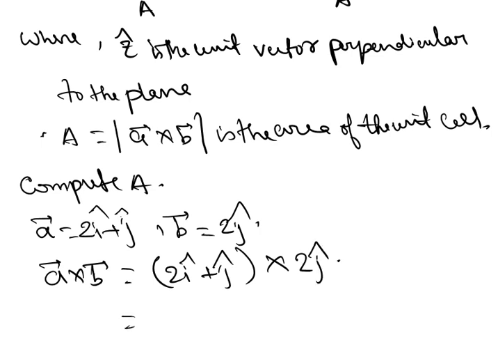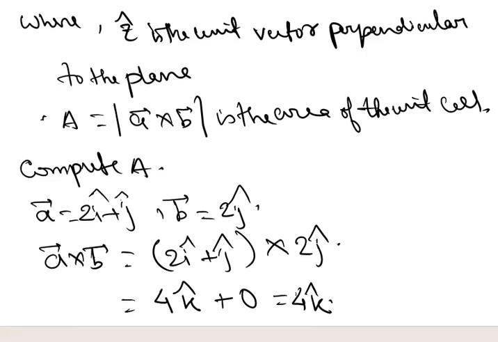So i cross j is k, so it will be 4k cap plus 0, or basically 4k cap. If we take the modulus of a cross b, it will be 4.